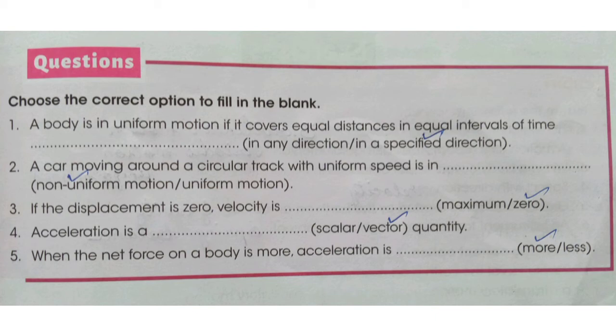Second one, a car moving around a circular track with uniform speed is in non-uniform motion. Third one, if the displacement is 0, velocity is 0. Fourth one, acceleration is a vector quantity. Fifth one, when the net force on a body is more, acceleration is more.